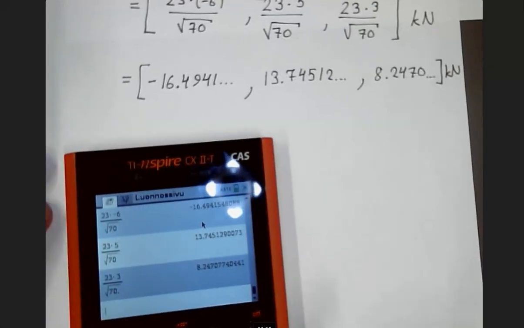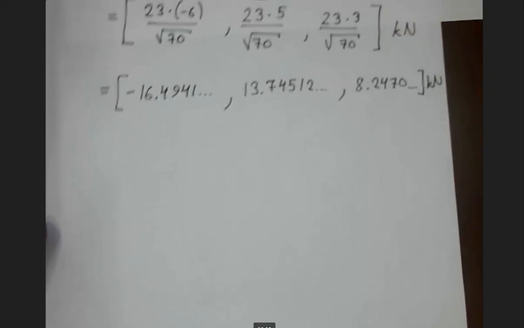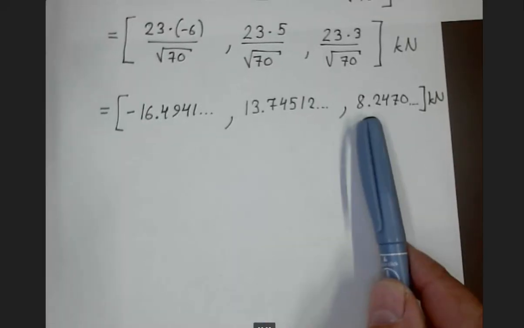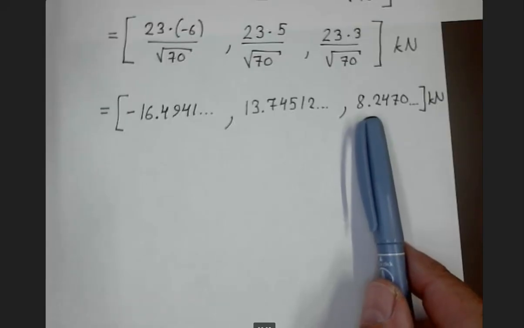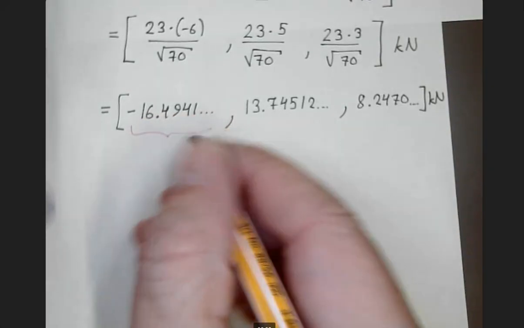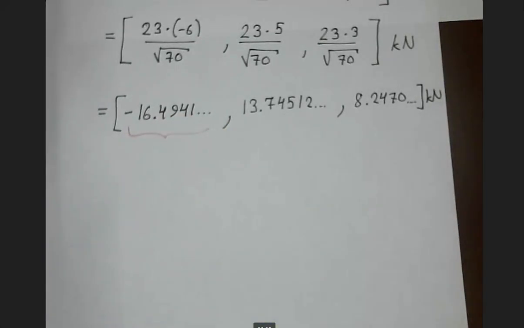Oh, sorry, kilonewton at the end of that. So we got this kind of force vector, approximately minus 16, approximately plus 14, and approximately plus 8. So this means that the first component here tells us the force in the direction of x-axis.